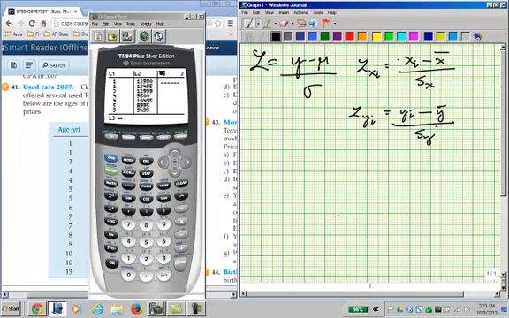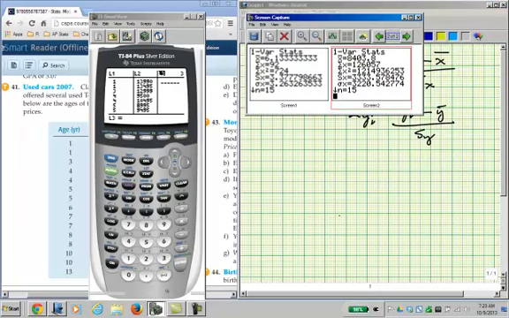All right, so let me put my statistics back up here. So here I am, I'm going to go to the top of L3.